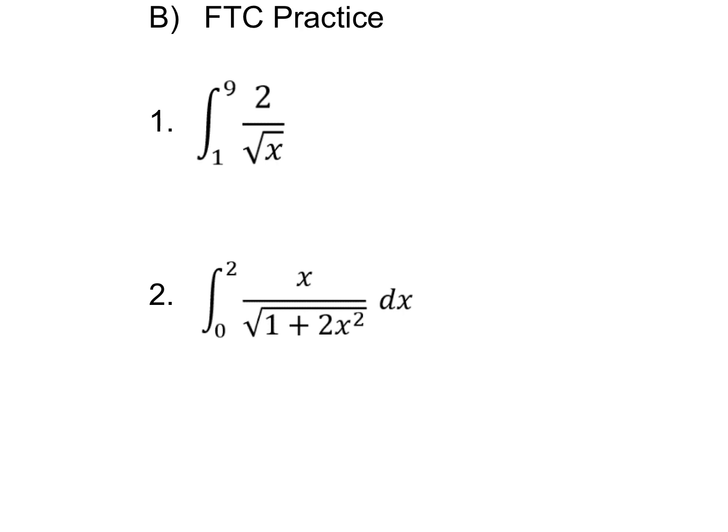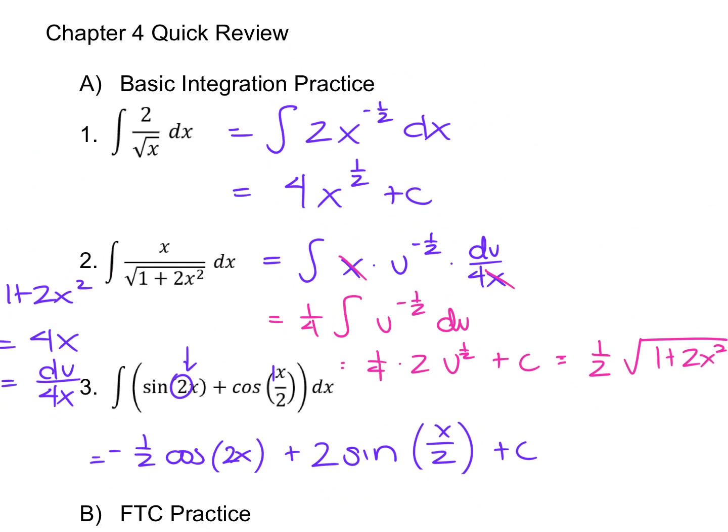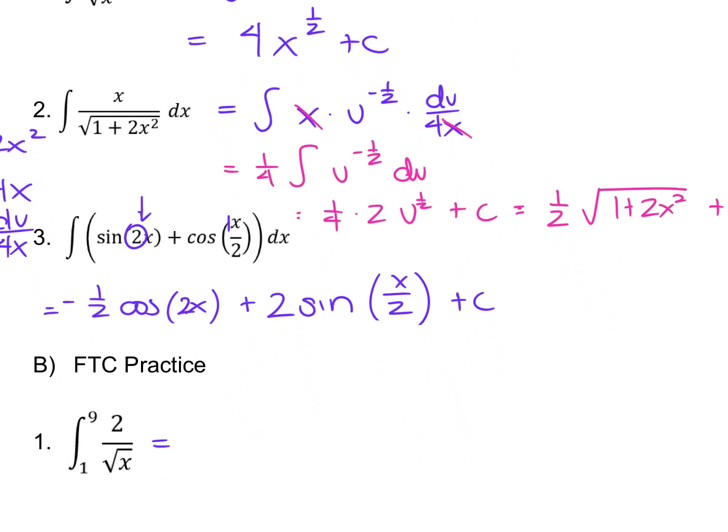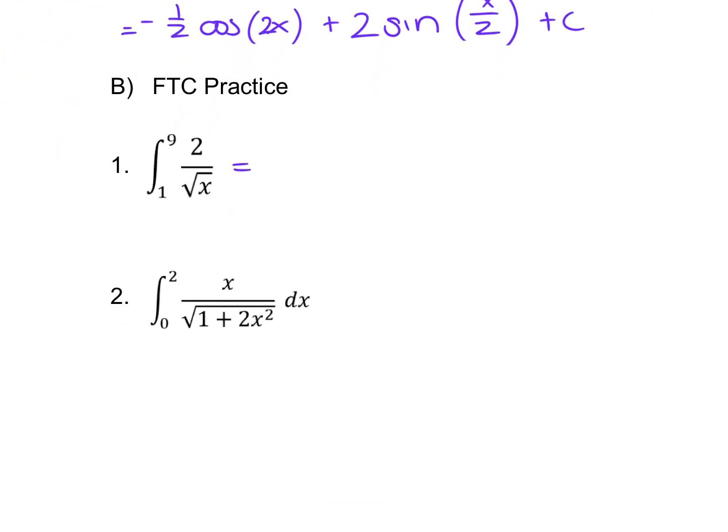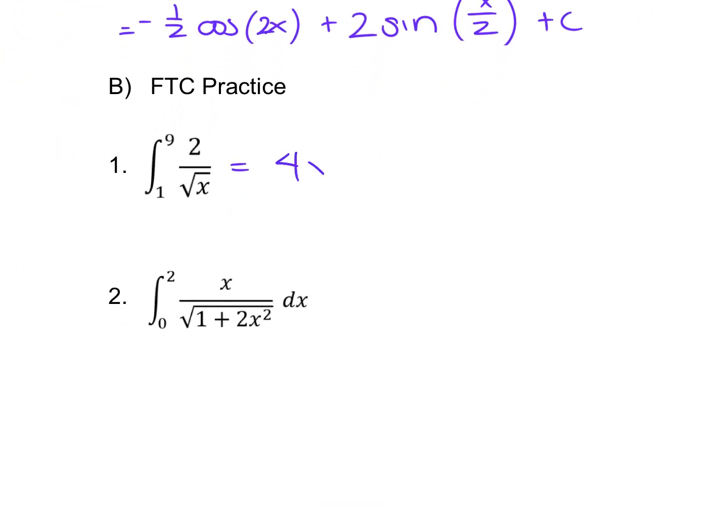We did f of b minus f of a. So look back up to the top of the paper, what did this integrate to? 4x to the 1/2, right? And because it was a definite integral, we can avoid the plus c altogether by saying I'm evaluating this from 1 to 9, right?